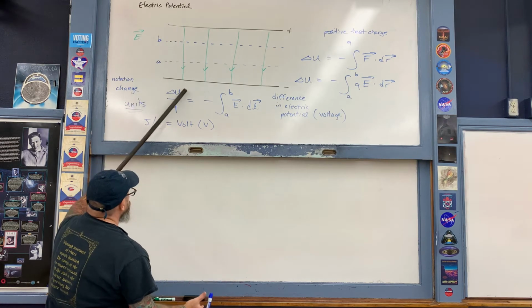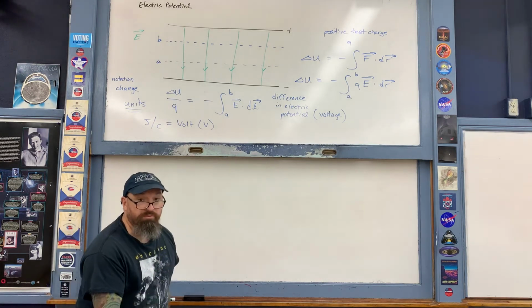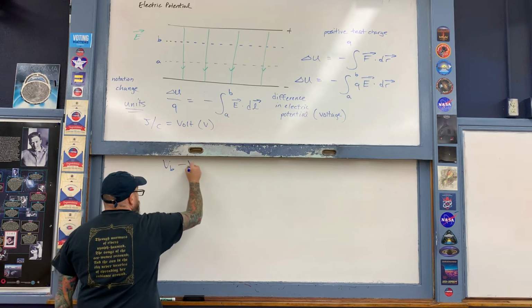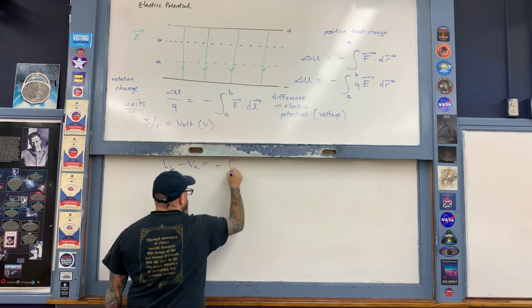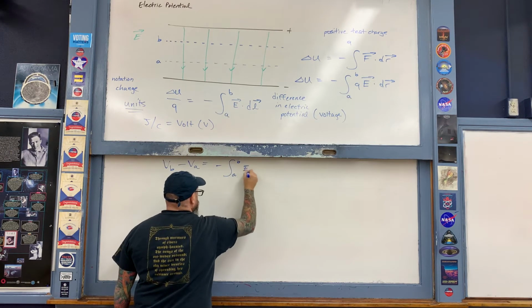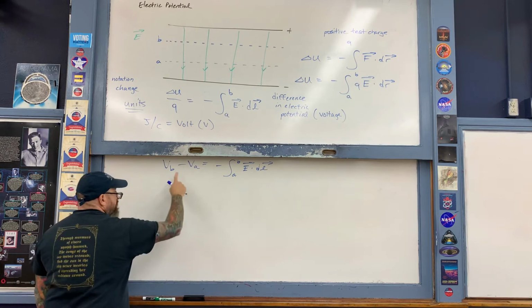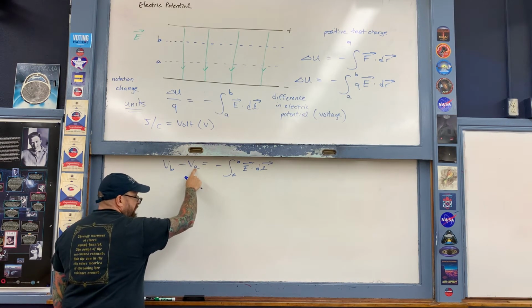This quantity is written as the potential at B minus the potential at A. This is then equal to the integral on the right-hand side, like so. The final point is point B on the diagram. The initial point is point A.